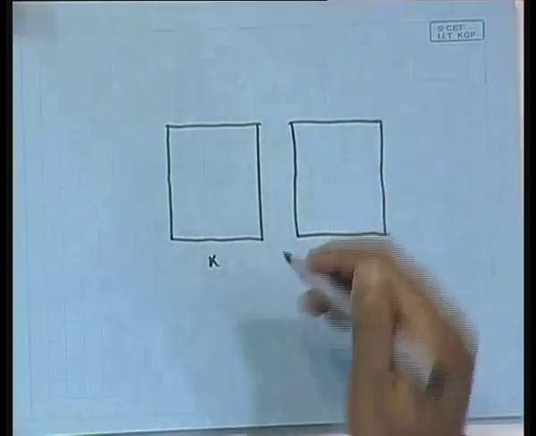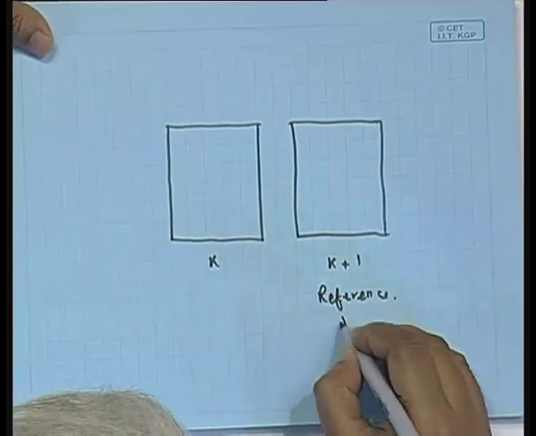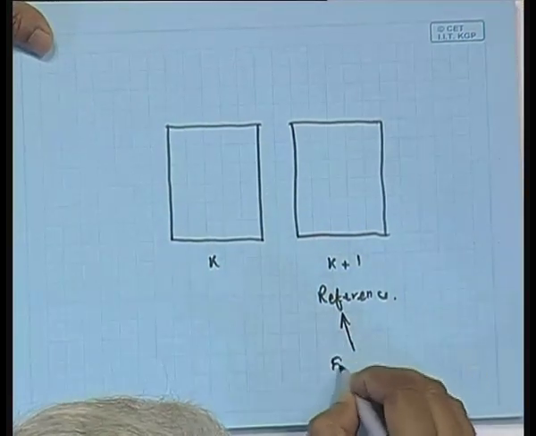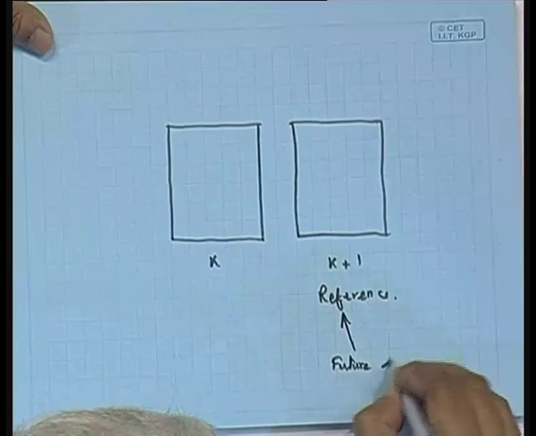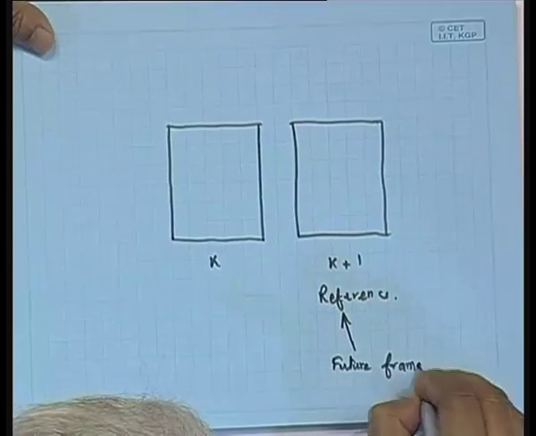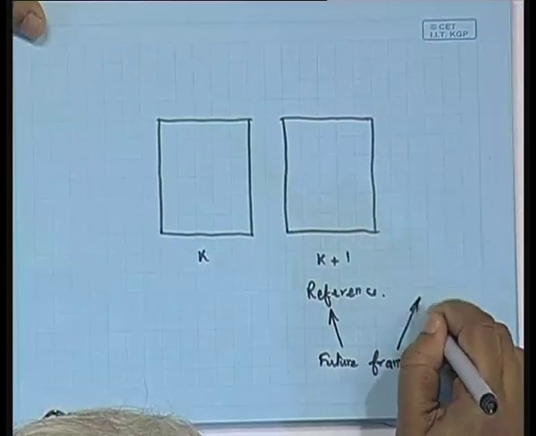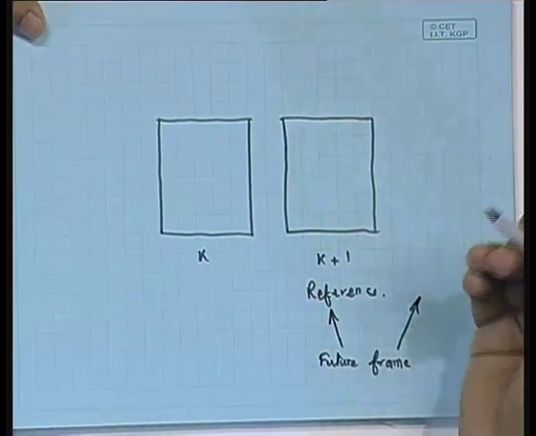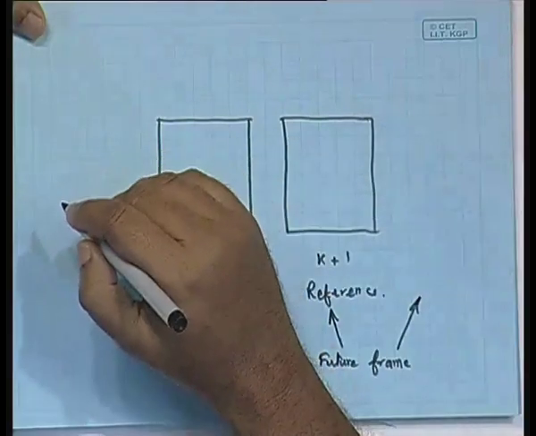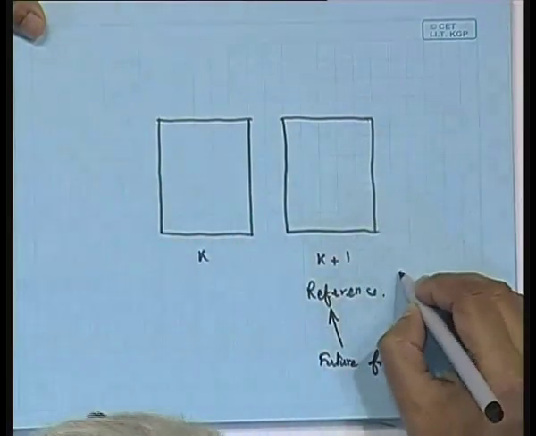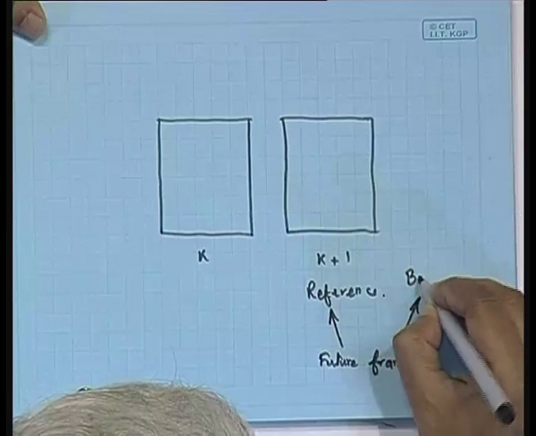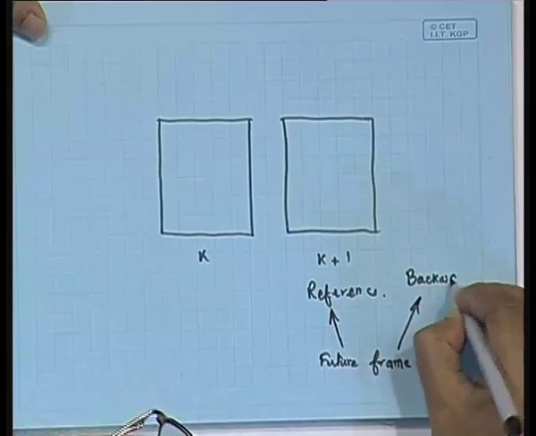So in this case we are using the future frame as a reference with respect to frame k. Which means the prediction is for a frame which is older, so this is a backward prediction.